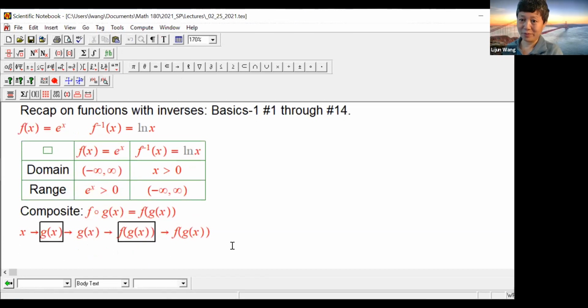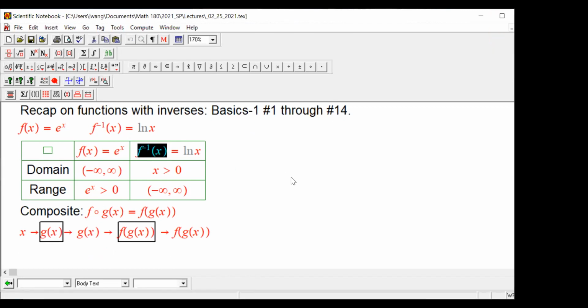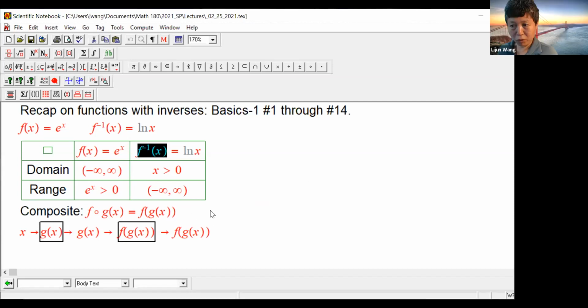Now, let's see what happens if this is the G. Before we see that, you see this X, where should this X be from?